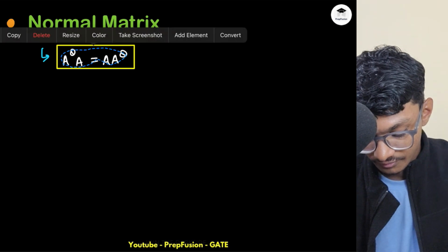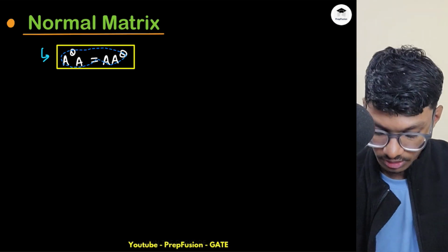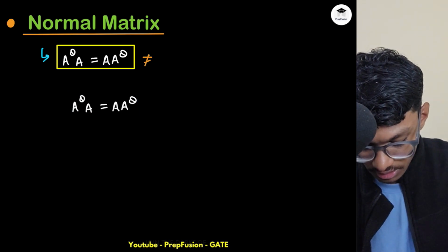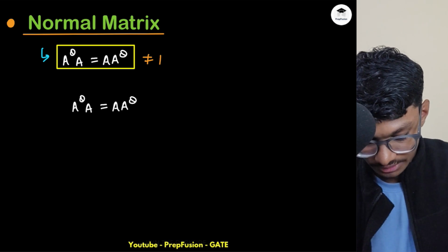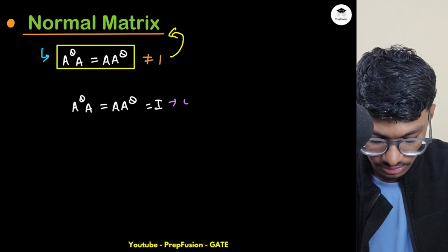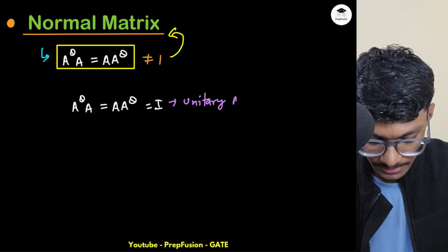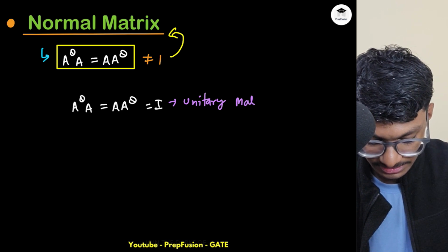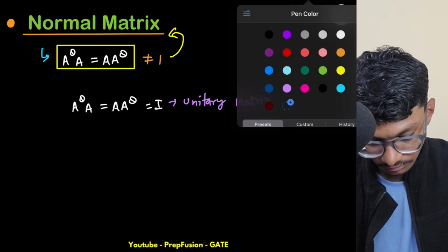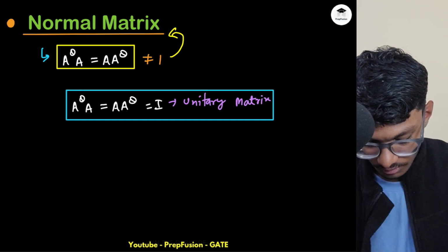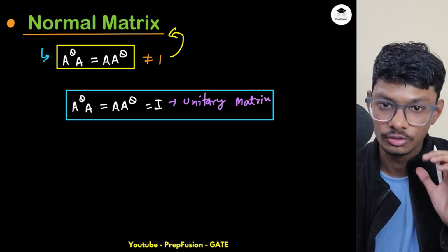But if these two are equal and it is not equal to I, then this is known as a normal matrix. If it equals I, then it is a unitary matrix. So this is the difference between a unitary matrix and a normal matrix.